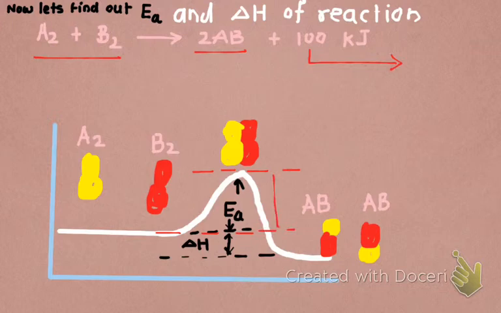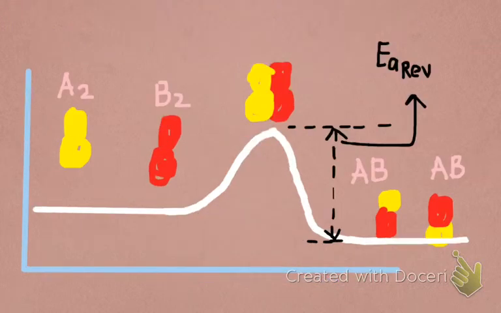This is the energy of activation, and change in enthalpy or heat of reaction is this one, delta H. From the graph we can also find out the energy of activation for the reverse direction of reaction. So this is the energy of activation in reverse order.